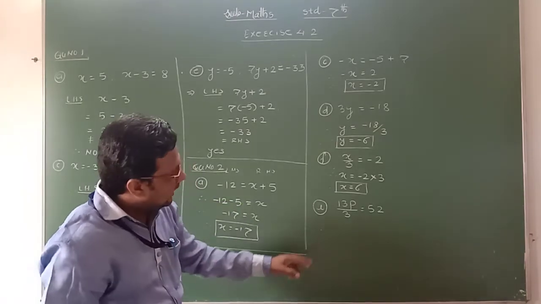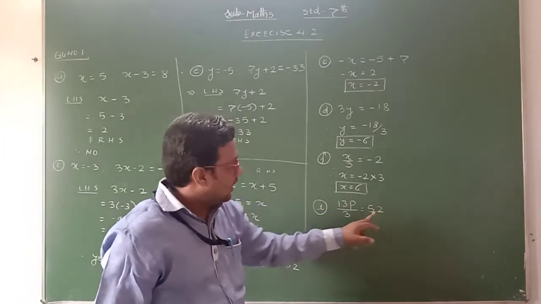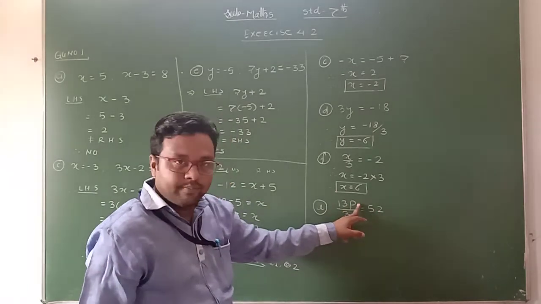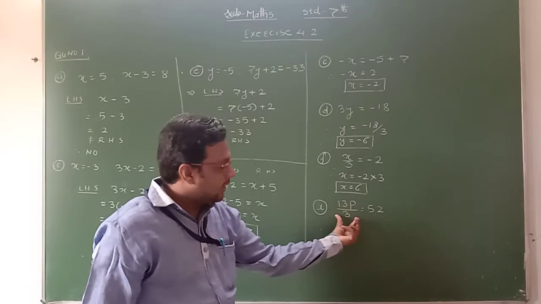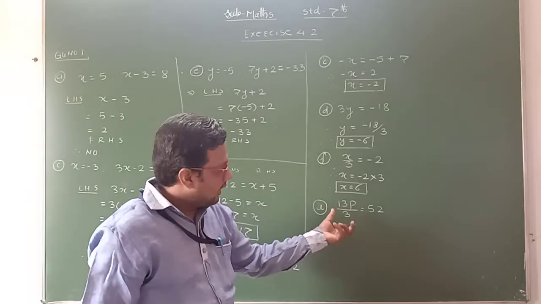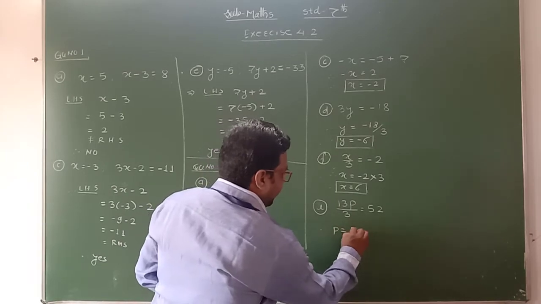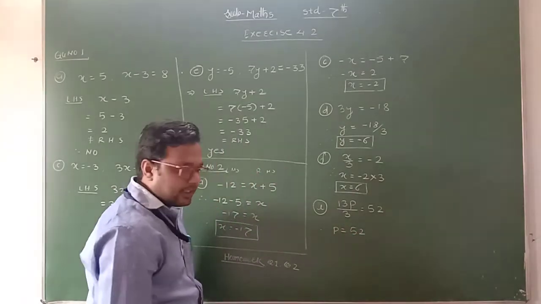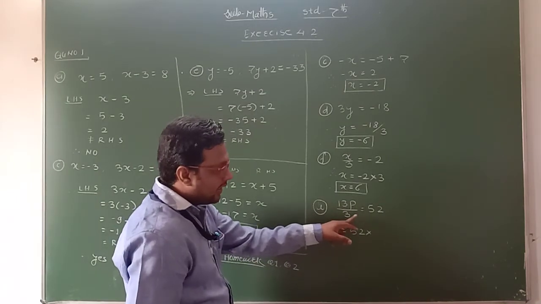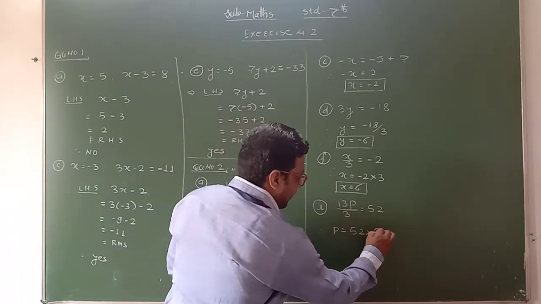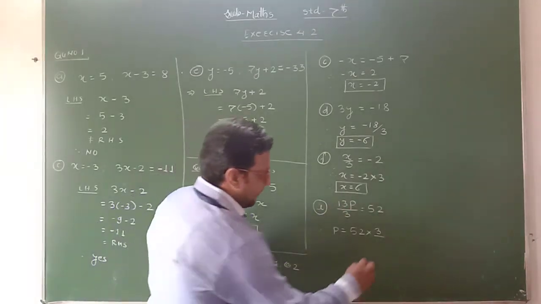Here is given 13p upon 3 is equal to 52. Now see, along with this p, 13 is in multiplication and 3 is in division. Here we have to transfer these numbers. p is equal to 52 on the right hand side as it is. When you transfer 3 which is in division, it will come in multiplication, and 13 which is in multiplication, it will come in division.